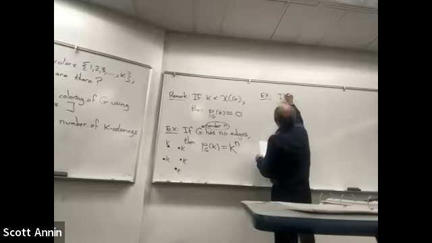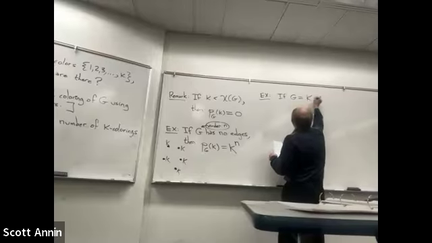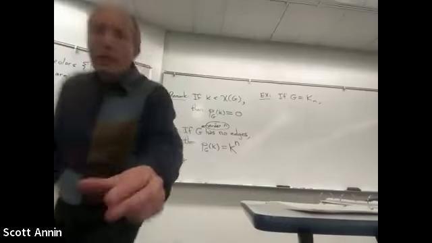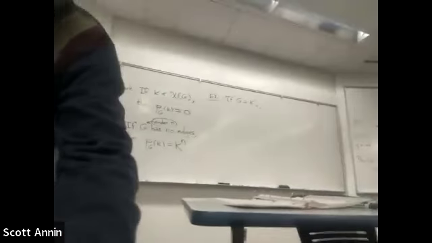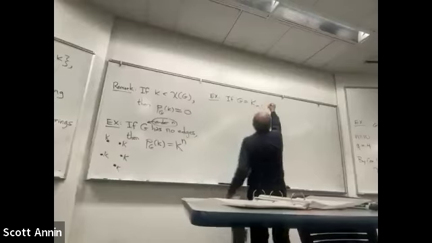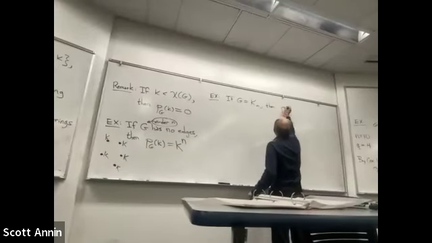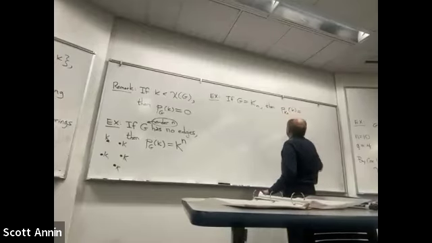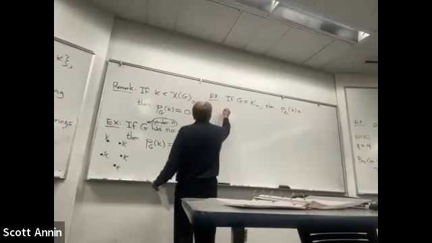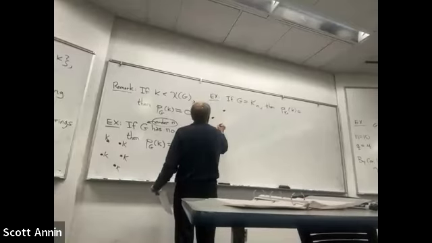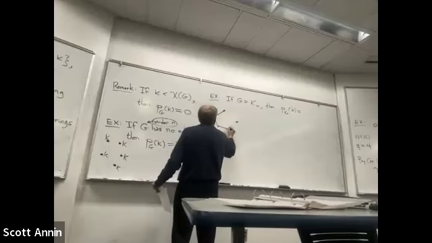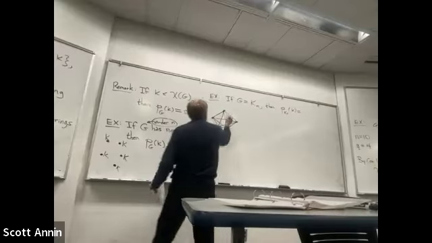If G is equal to K_n, let's think about what P sub K_n of K would be. If we need an example to think about, maybe I'll draw K5. We have our little pentagon on the outside, and then we draw the star fully connected inside. All edges are there.